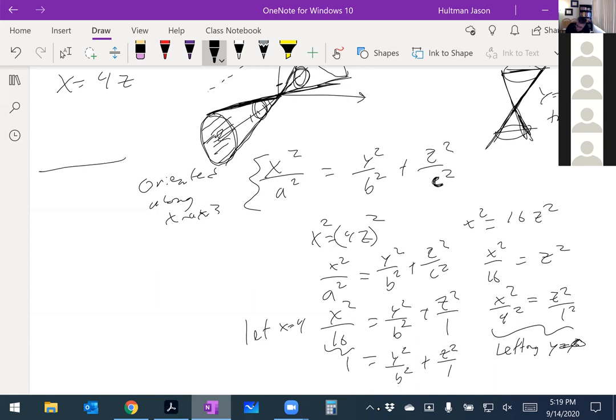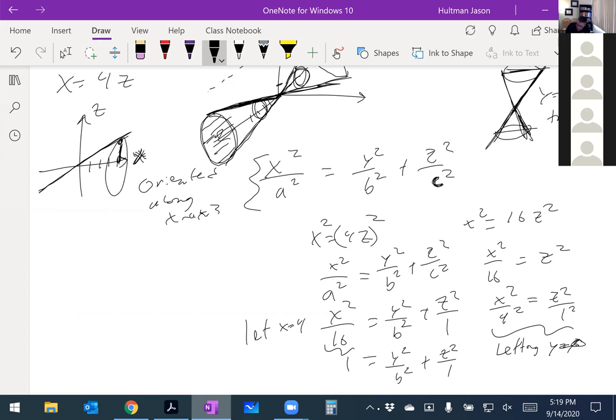Remember, if we looked at the XZ plane, what was the equation? This has a slope of 1/4, right? Actually, we'll make it positive x in this direction. That means every time I go out 4, I go up 1.